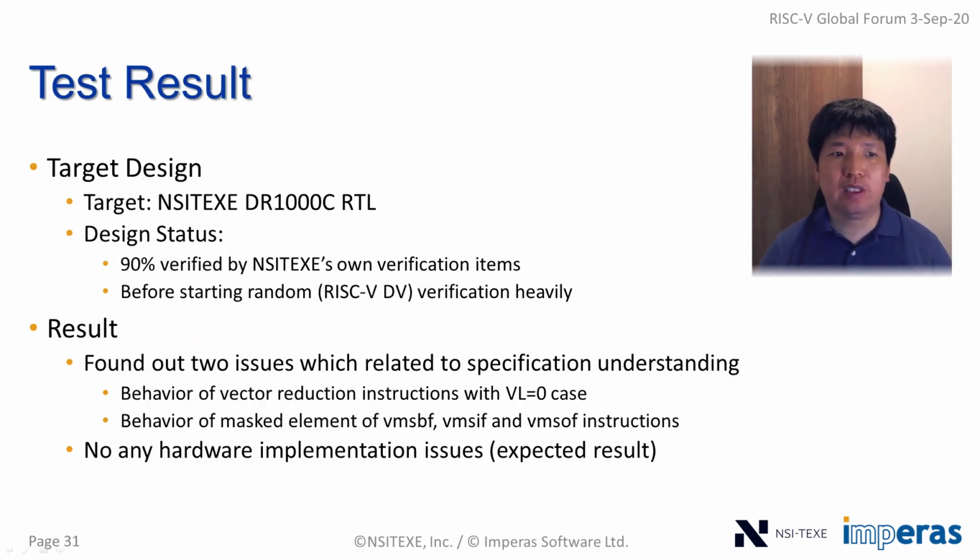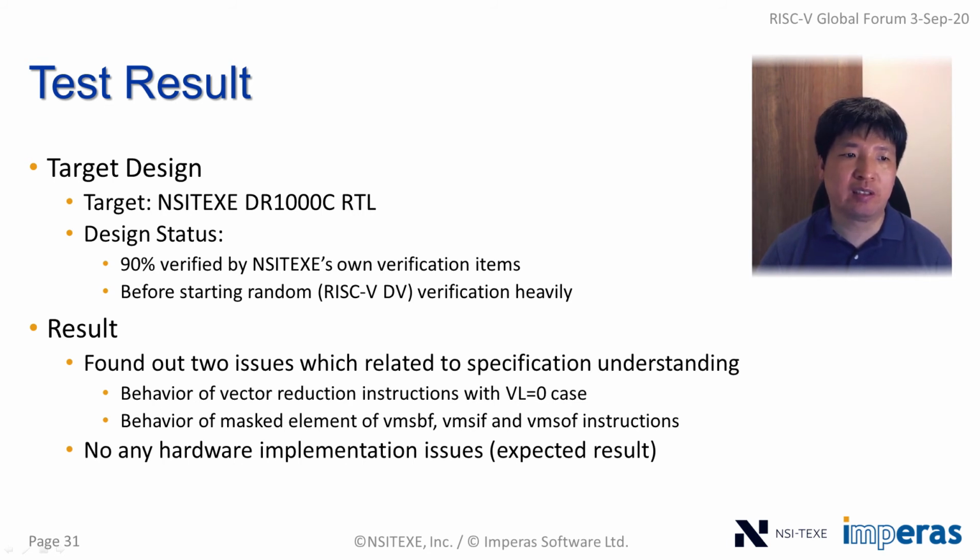Finally, let's take a look at the result of applying the test case to our actual design, DR1000. The Imperas Vector Compliance Test was applied later in the verification phase. Despite the fact that the design was about 90% verified by our own test items, we were able to find two additional issues regarding vector specification understanding.